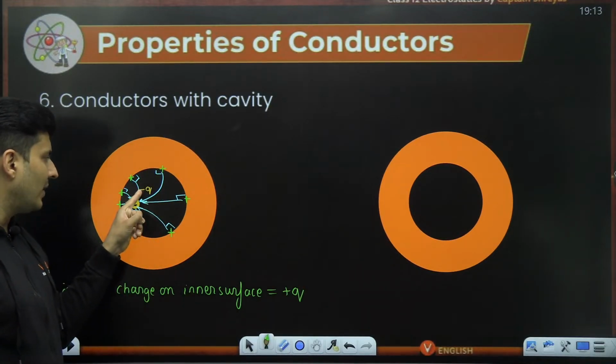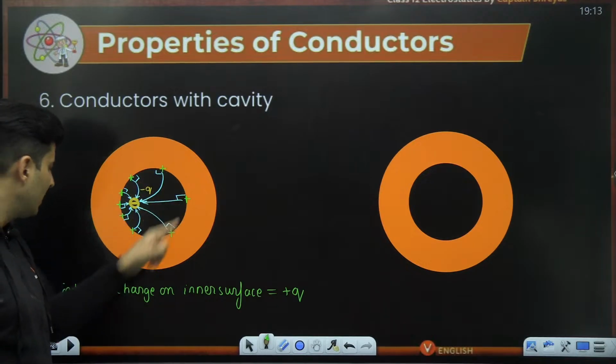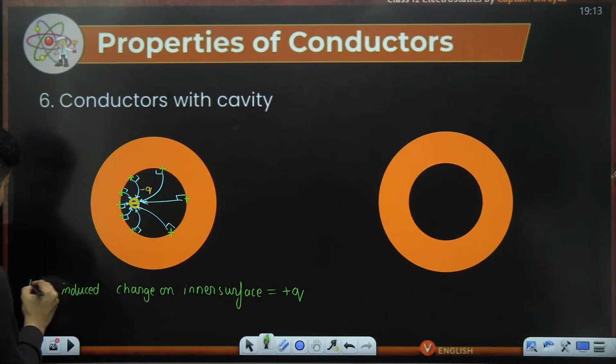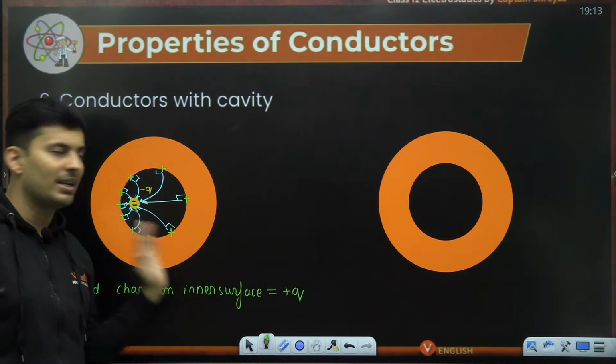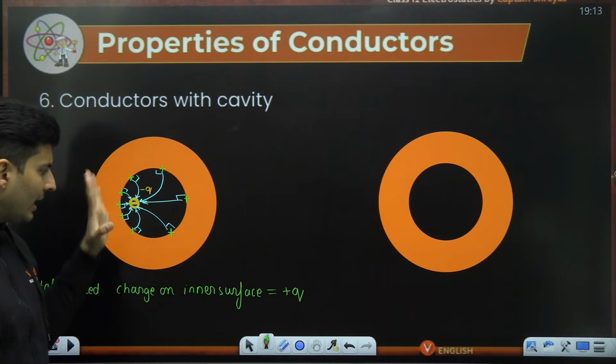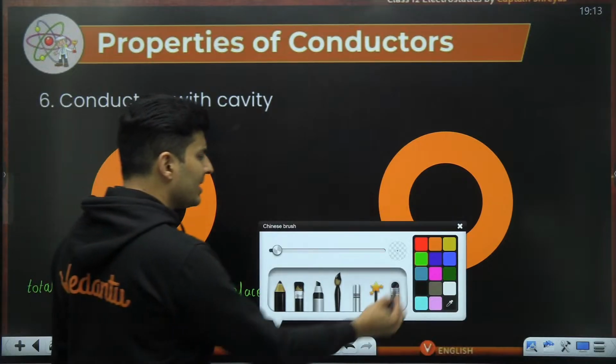If this is minus 5 coulomb, the total induced charge will be exactly plus 5 coulomb. This is minus 6, this will be plus 6. Is that clear? Exactly opposite. And there is a reason for that.